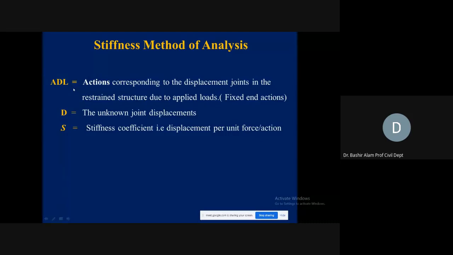Similarly ADL क्या है, it is action again. वहाँ पे DRL क्या था, that was the displacement but here now ADL it is the action corresponding to these displacement joints in the restraint structure due to the applied loads, fixed end actions. D, this is the unknown joint displacements, which are your kinematic indeterminacy.